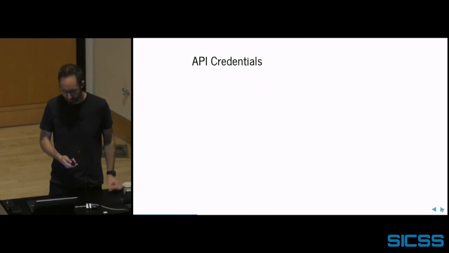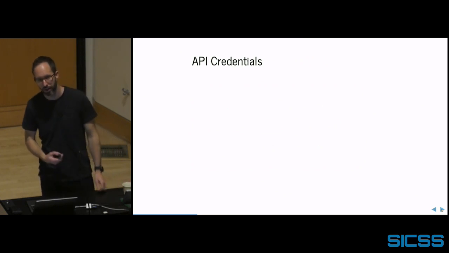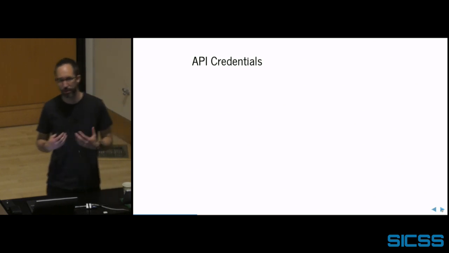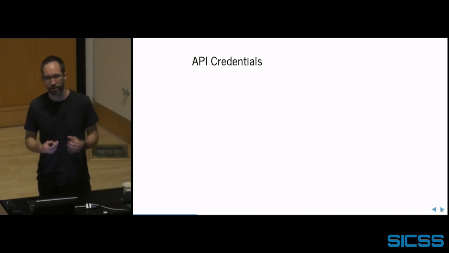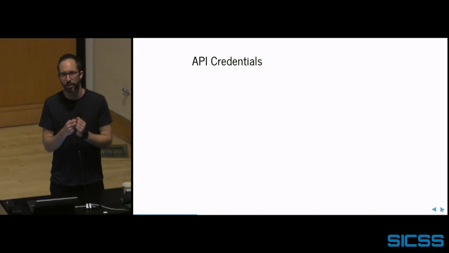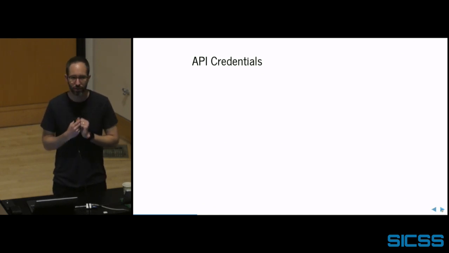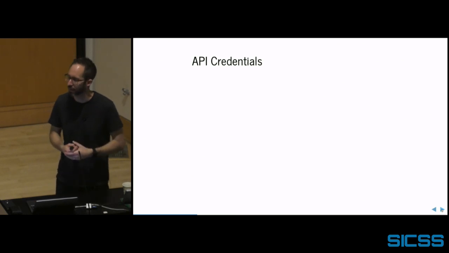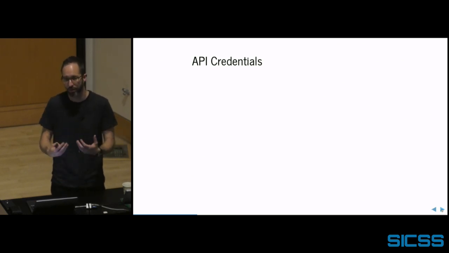Okay. So the first thing you need to know about working with most APIs is that most of them require some type of credential. This is some type of character string that announces you, the developer. You need to think of yourself as a developer if you're going to think about using APIs, because most of the people using APIs are software developers. You have an identity.